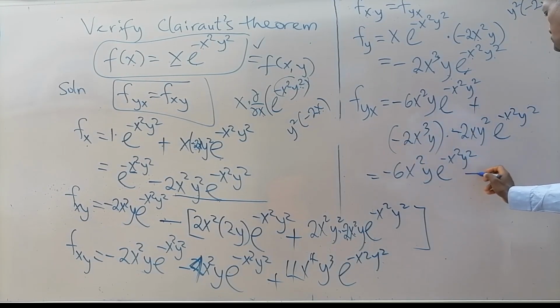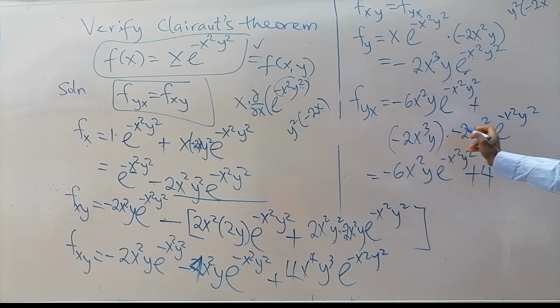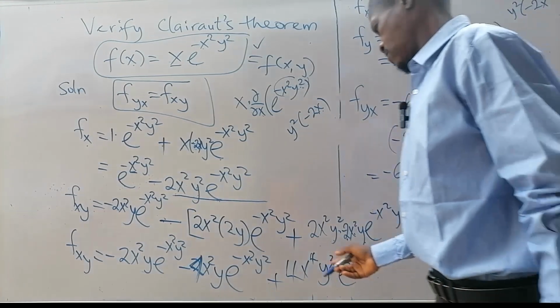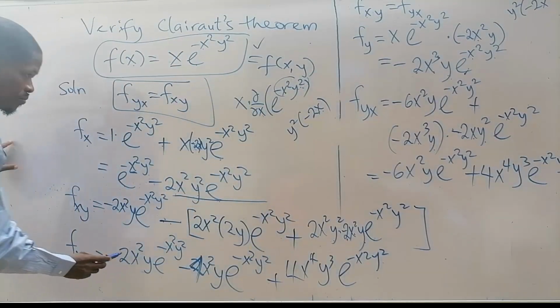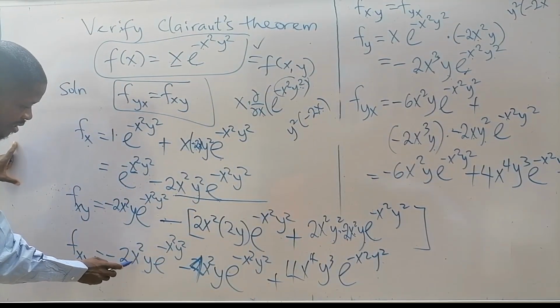Minus times minus, that's plus. 2 times 2, that's 4. X cubed is here, x is here, making x to the power 4. Y is here, y is here, 2y is here, making y to the power 3. Then e to the power minus x squared y squared. And if you come back here, if you look at these two, look at the variable.